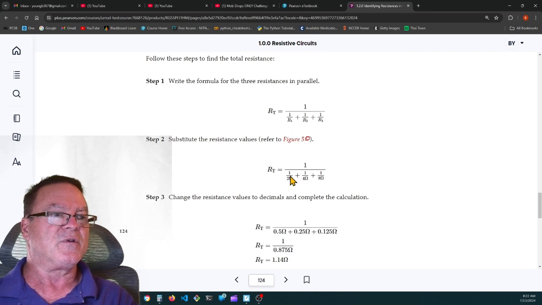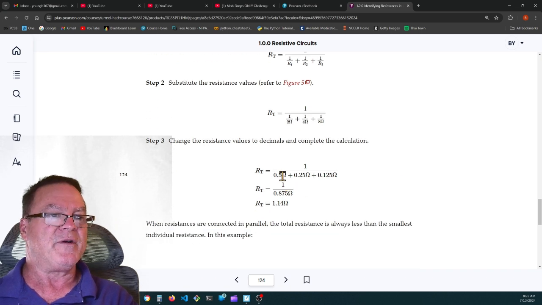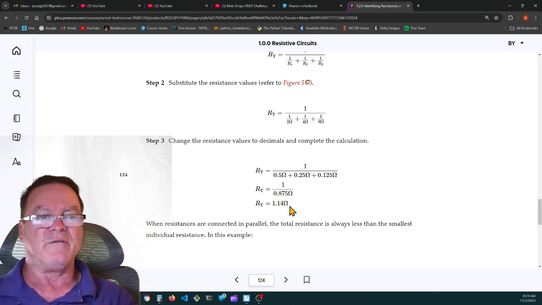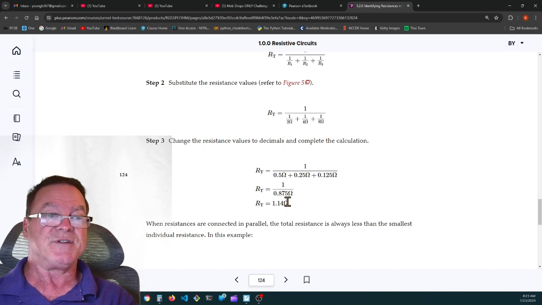They're saying the reciprocal of 1 over 2 plus 1 over 4 plus 1 over 8, and they put down their answers as 0.5, 0.25, and 0.125. So that's the same as what we got. And they have 1 over 0.875 ohms. When you reciprocate one last time, you end up with approximately 1.14 ohms of total resistance in that circuit.